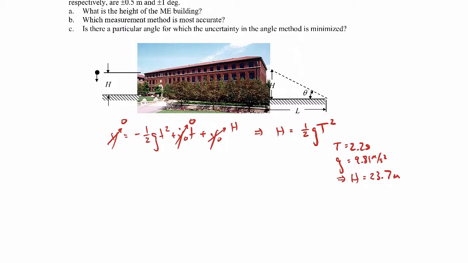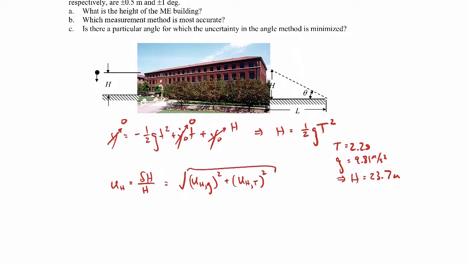Now we have to factor in the uncertainty. So the relative uncertainty in the height of the building, which of course is just the absolute uncertainty in the height divided by the actual height, where h there is the 23.7 meters, is going to be the square root of the relative uncertainty in the height due to the uncertainty in g, squared, plus the relative uncertainty in the height due to the uncertainty in t, squared.